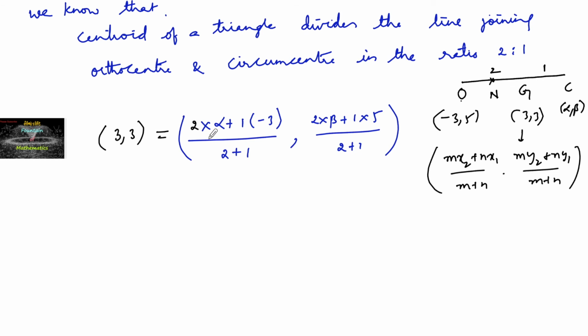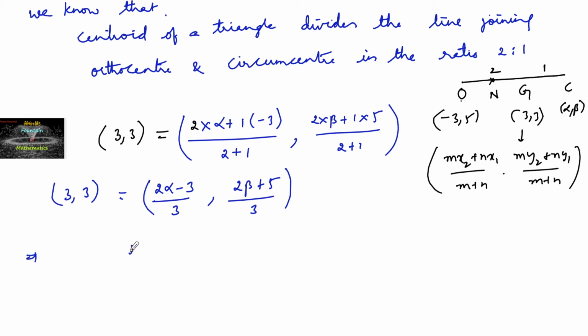So we have (3, 3) is equal to ((2 alpha minus 3) upon 3, (2 beta plus 5) upon 3). So (2 alpha minus 3) upon 3 is equal to 3, and (2 beta plus 5) upon 3 is equal to 3.